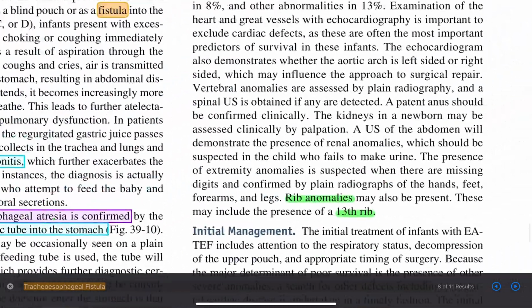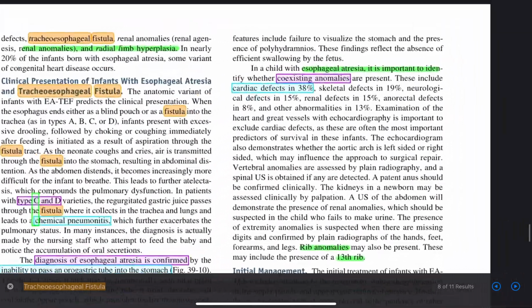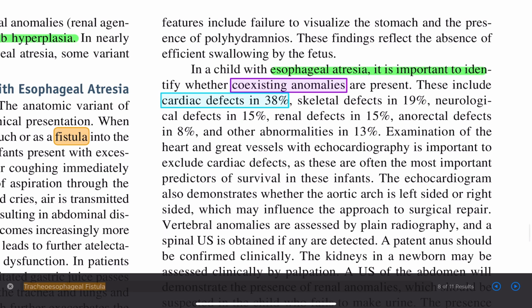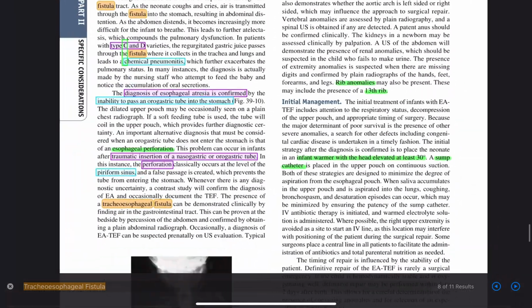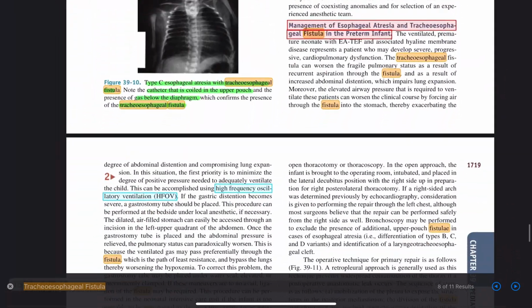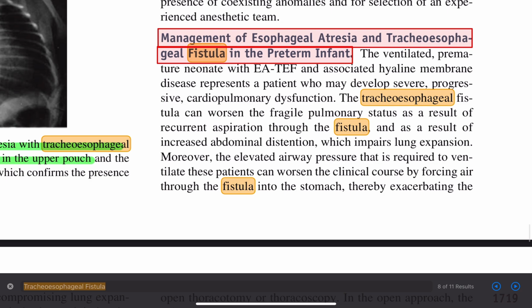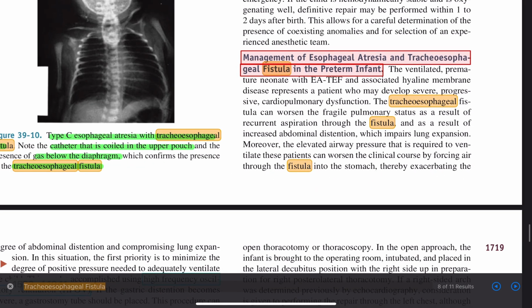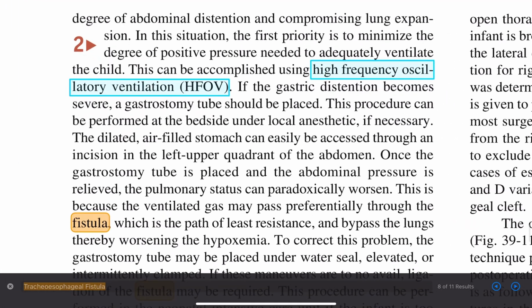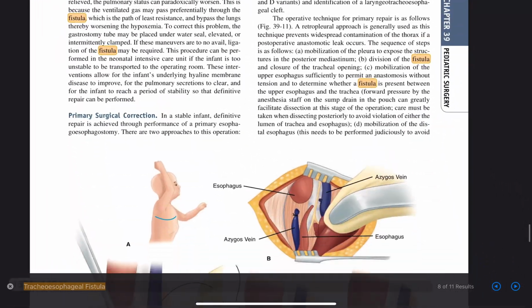The most common coexisting anomaly in tracheoesophageal fistula is cardiac defect. If esophageal atresia and tracheoesophageal fistula are present in a preterm infant, you should do high frequency oscillatory ventilation.